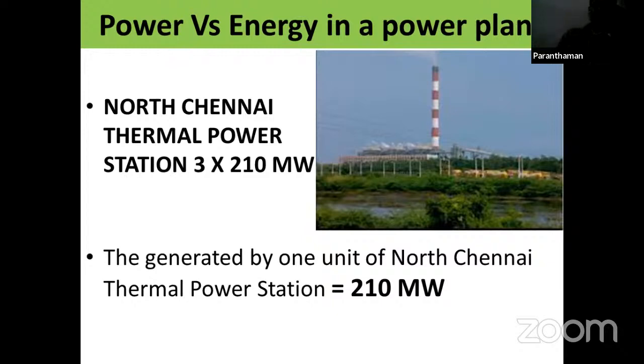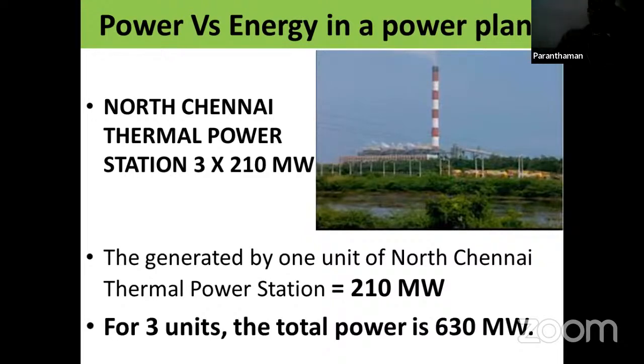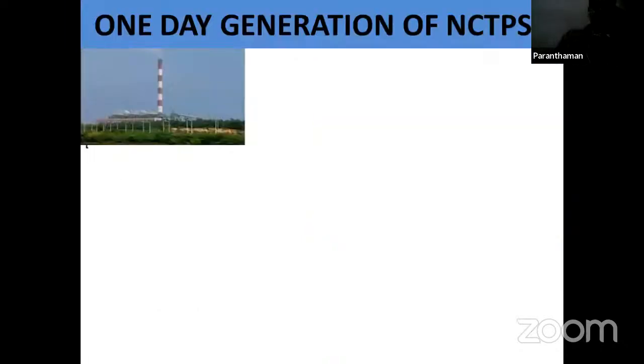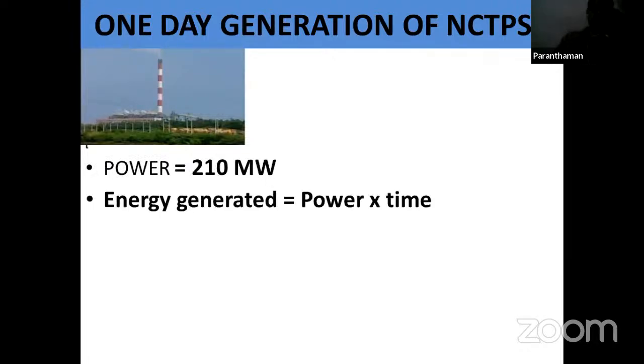This is the power of the generator. Total power of the 3 units is 630 megawatt. The energy generated is equal to power into time.